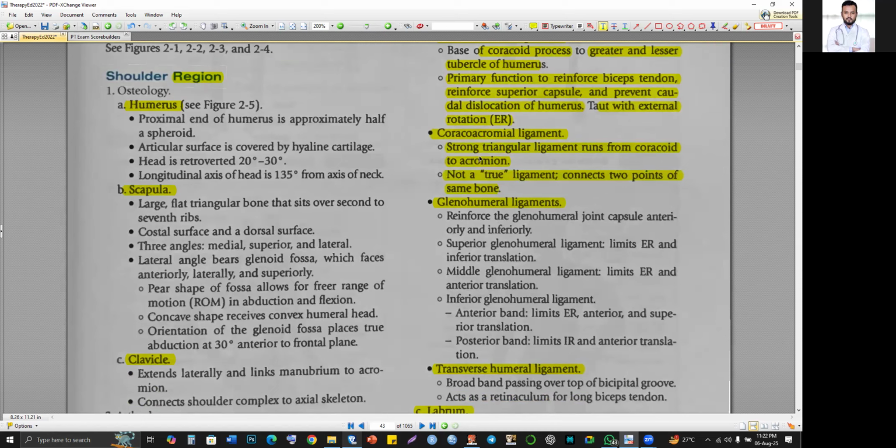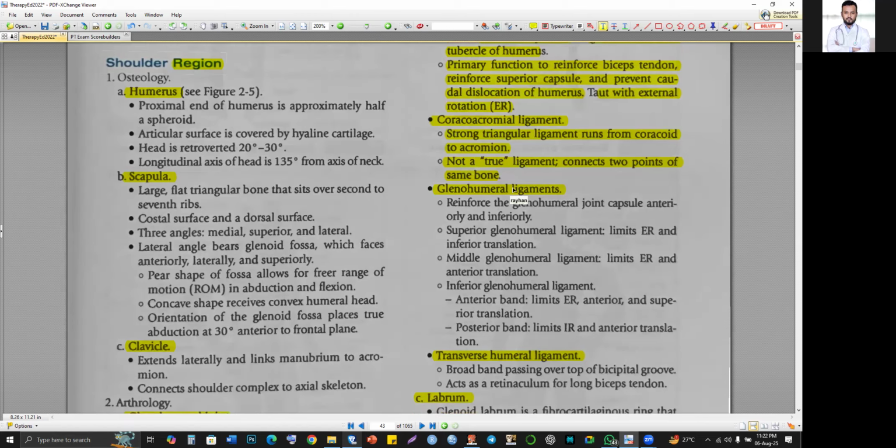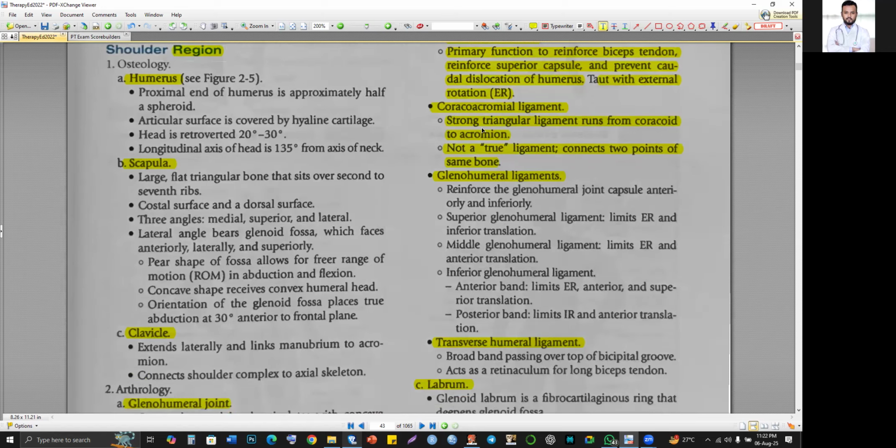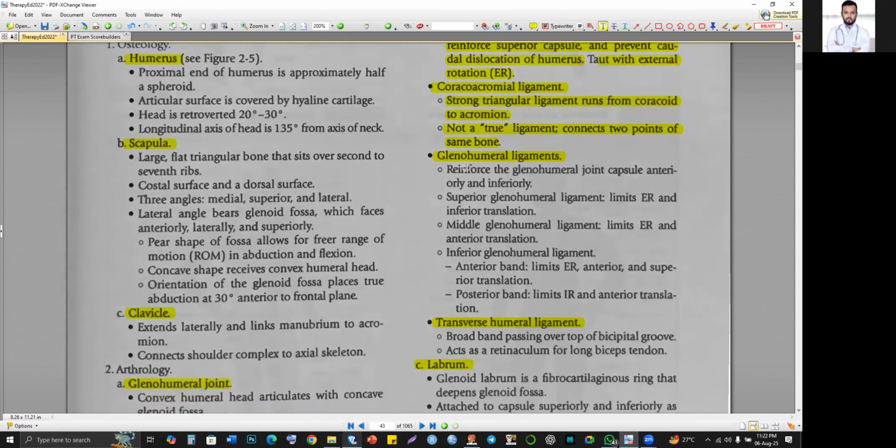Although this coracoacromial ligament is part of the scapula itself, the scapula has these 2 things. So this is not a true ligament as it connects 2 points of the same bone. But they're actually called ligament, as the scientists or medical personnel named it.